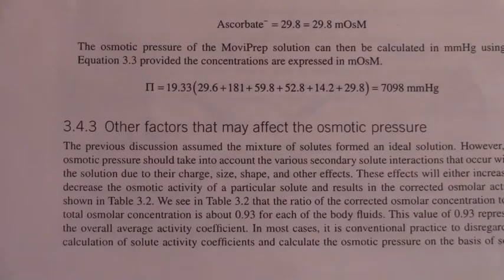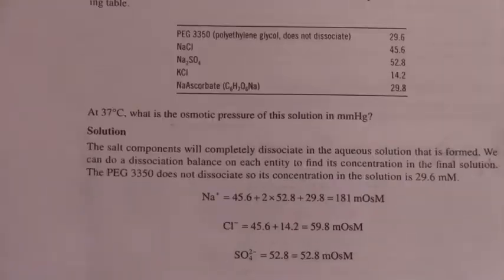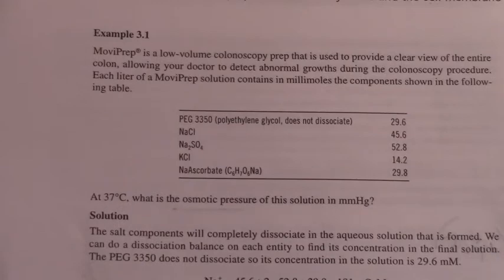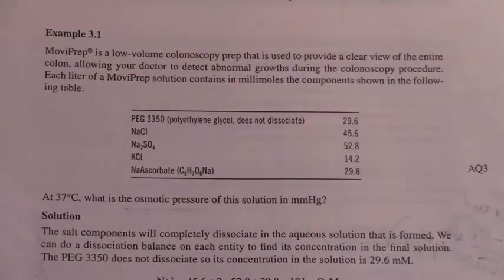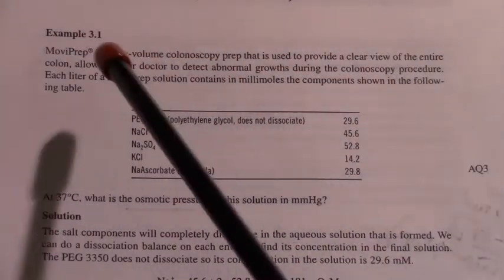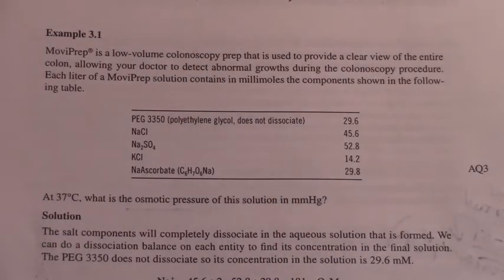Okay, so here's an example of how to work out the osmotic pressure for a multi-component system. And what we have here is a substance called MoviPrep. Maybe your parents have had colonoscopies, and you have to drink a large amount of fluid containing some crazy osmotic agent.